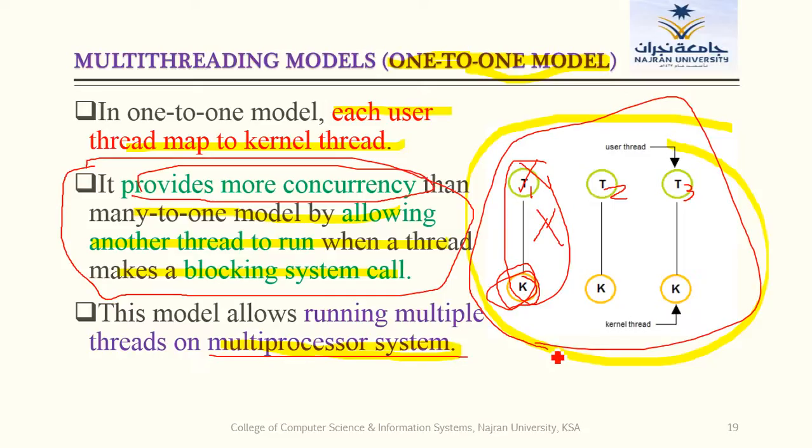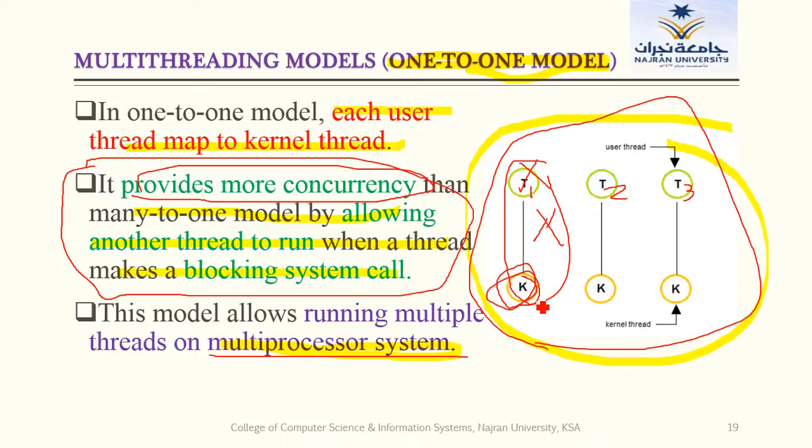Now this model provides more concurrency than the many to one model, because in many to one we have seen that if one thread is blocked, the whole process will block. But here if one thread is blocked, it will block only the kernel thread which belongs to it, not the others. It will not affect the others. In this sense this model is better than many to one.